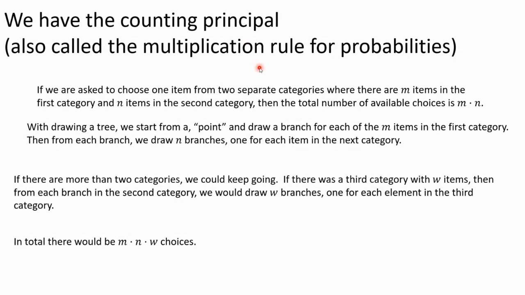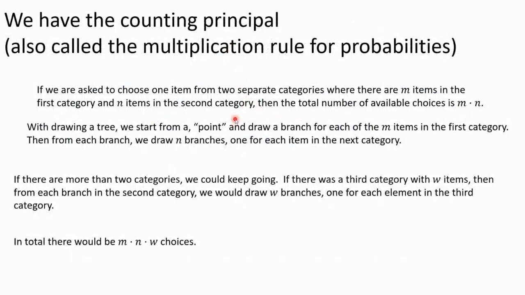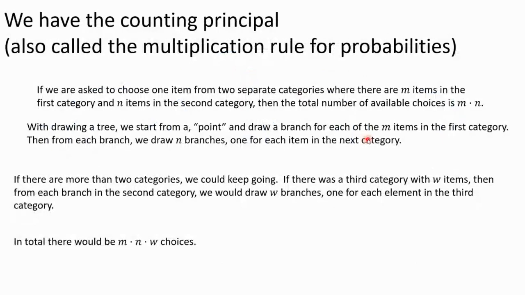And I don't think this is a proof, but the way you could see why this is true is essentially you would draw a tree, or at least imagine drawing one. You do what we did. You would start from a point, I think it's called the root. Well, we're calling it a point here. You would end up drawing a branch for each item in the first category, so there'd be m branches.